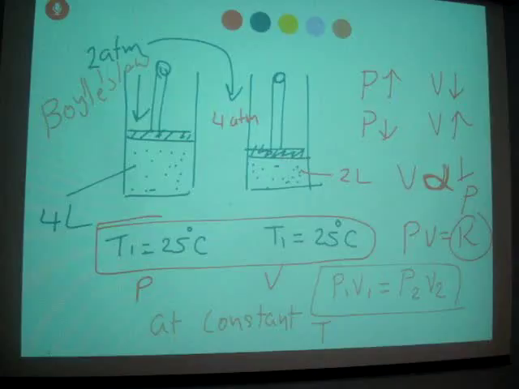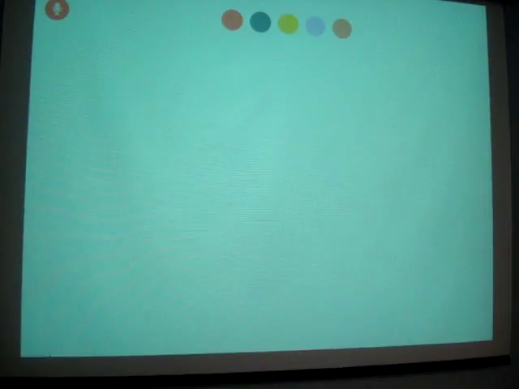So PV equals K. Now he graphed this relationship, an inversely proportional relationship between pressure and volume.